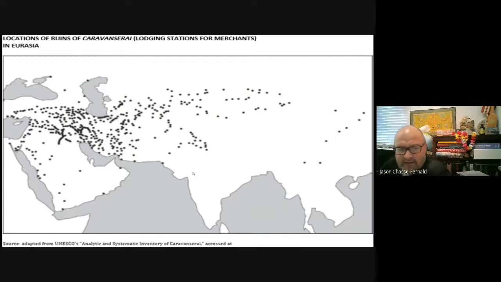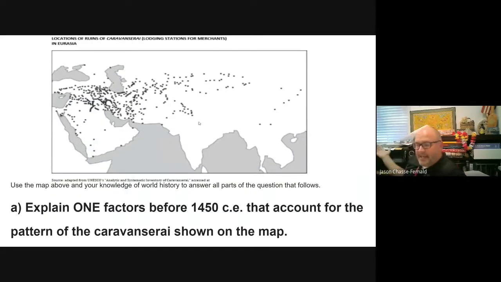And then we did a very simple SAQ. After that discussion: explain one factor before 1450 that accounts for the pattern of Caravanserai shown on the map. So you need to identify a factor that accounts for the pattern, and then explain. This really needs to be done in no less than 2 sentences.